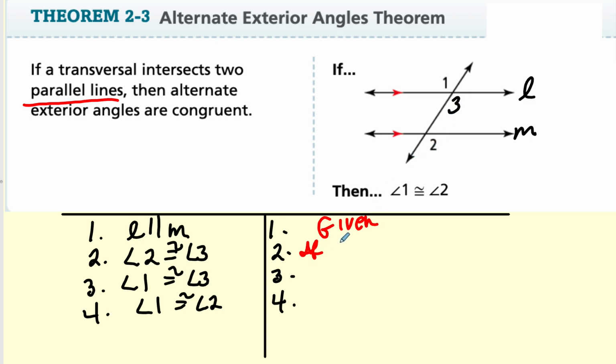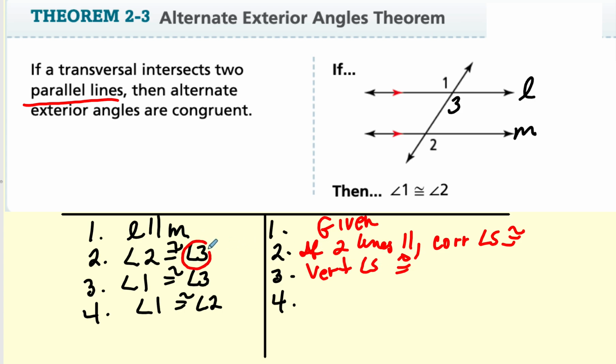So anytime two lines are parallel, we know that corresponding angles are congruent. 1 and 3 are vertical angles, and we know they're congruent. And it looks like these angles are congruent to the same angle, so they must be congruent to each other. And that's the transitive property of congruence. All right.